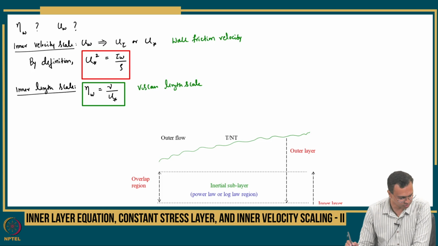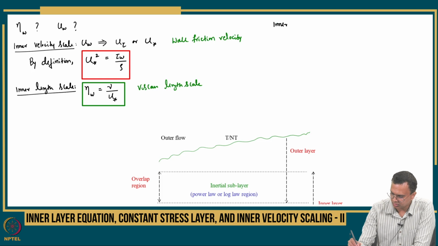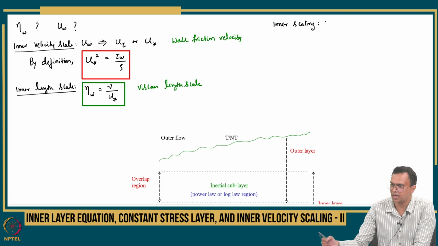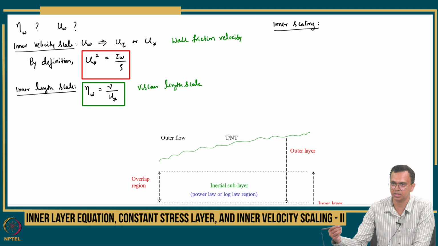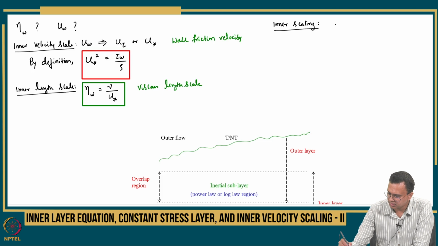Okay, and we also do what is called inner scaling. So I'll write down here what is called inner scaling, that we already saw in the graph URMS divided by u tau, right? So many times the data is represented in a non-dimensional fashion, all your velocities and RMS. So when we do this inner scaling, let's say your u bar, the mean velocity, you will usually see this symbol called plus, u bar plus.